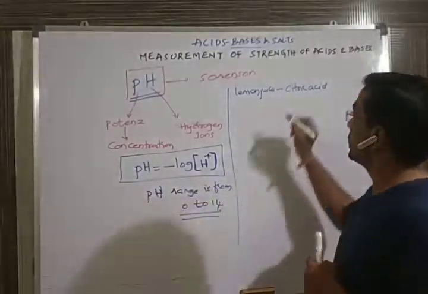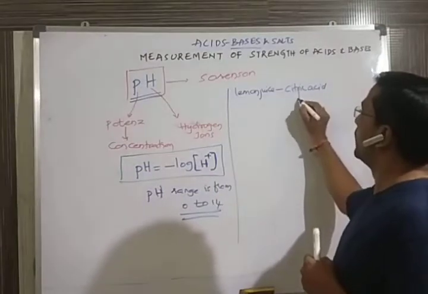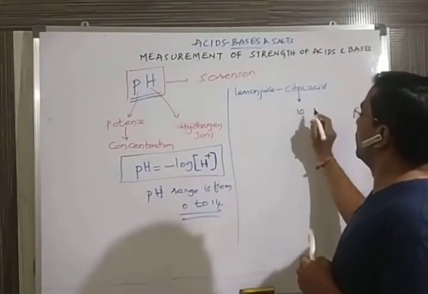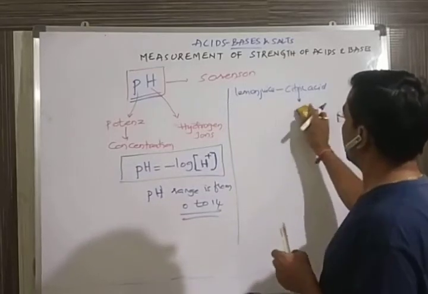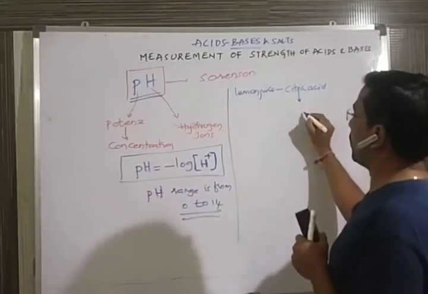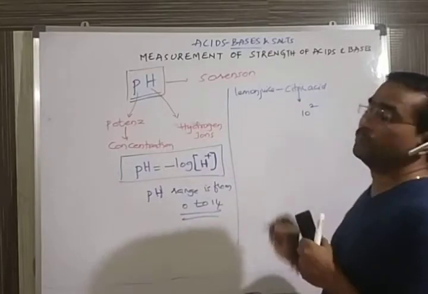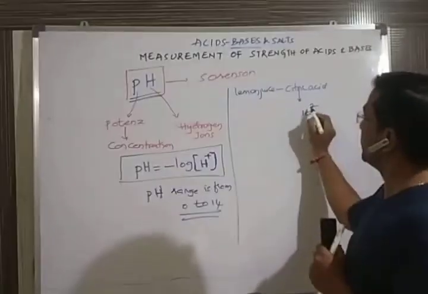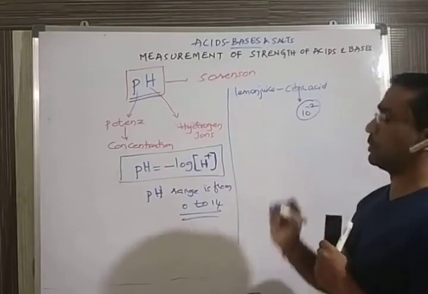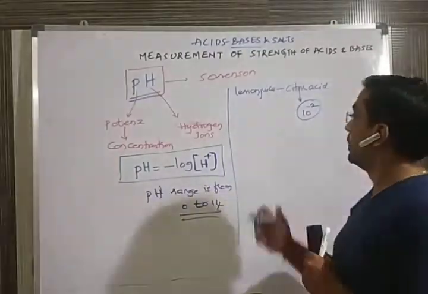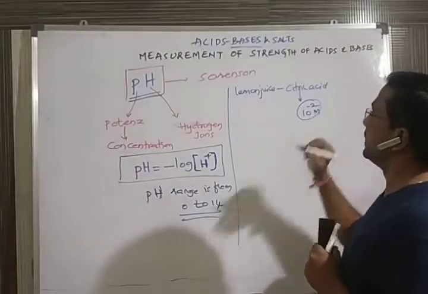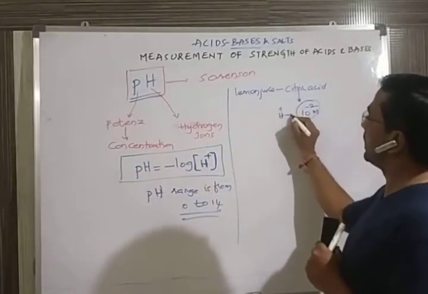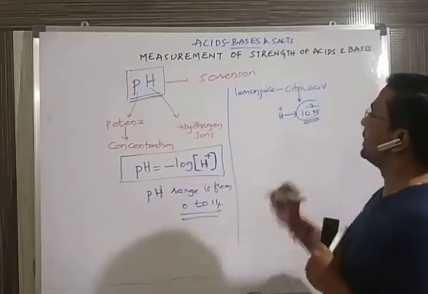The concentration of citric acid in lemon juice is normally given as 10 to the power of minus 2. Now, what is the H plus ion concentration in the citric acid?